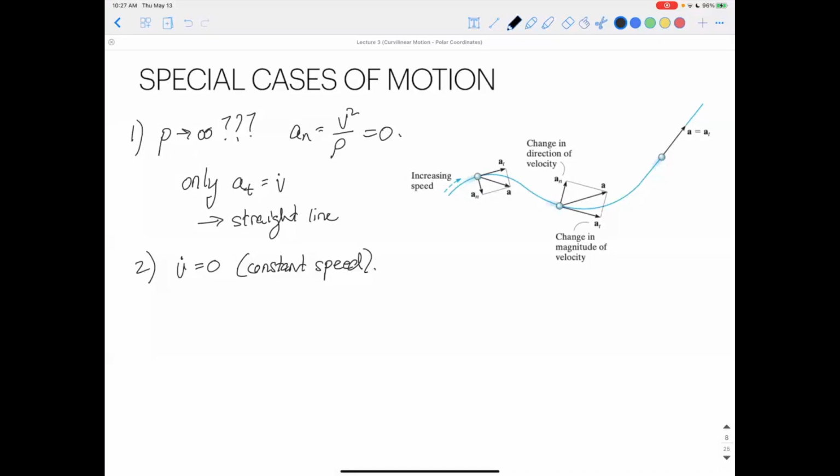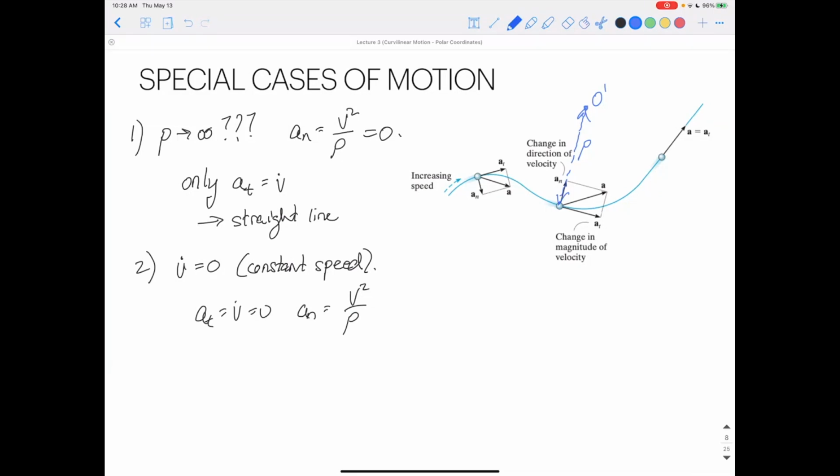Right, so our acceleration would be purely normal acceleration. In this case, our AT would equal V dot, which would equal 0. Our AN would equal our velocity squared divided by rho. And just so we can remember, this is our O prime. This distance here is the radius of curvature, rho, the distance towards the center of the curvature.